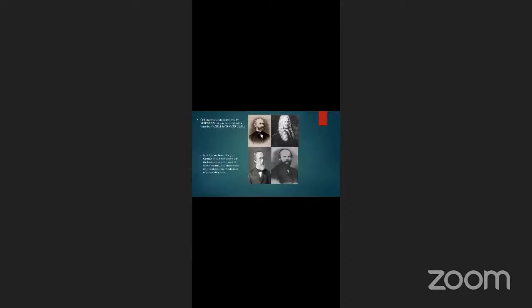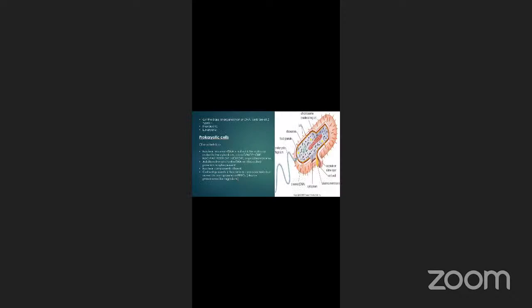Then Rudolf Virchow, a German doctor and biologist, accepted the work of Robert Remak and showed that cells originate by division of pre-existing cells. As I told you, the theory of spontaneous generation was condemned by this cell theory.